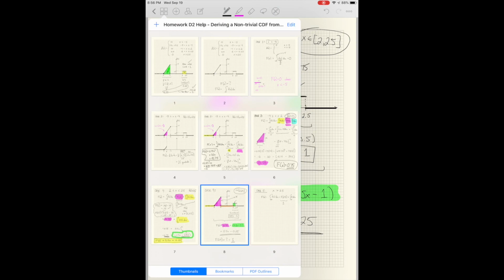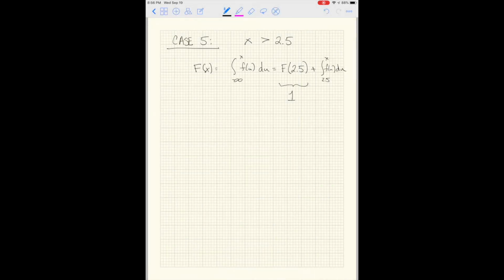So I go back over, and that gives me 1. So this f of x is going to be equal to 1 plus the integral of 0 du from 2.5 to x, which is, sure enough, just going to be equal to 1.